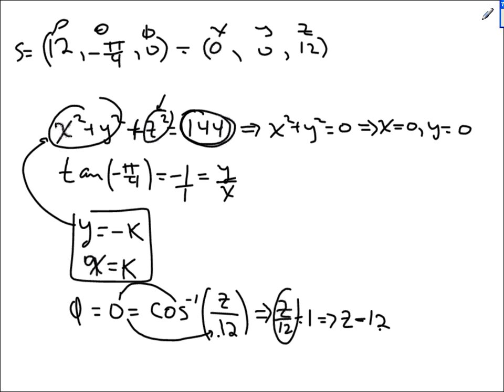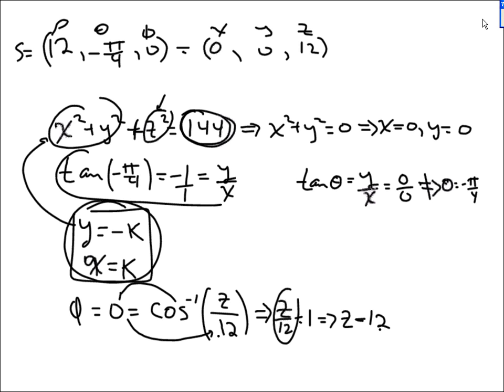Now, if you wanted to check this problem, for example, you know that the tangent of the angle should be y over x, which is 0 over 0. This does not imply necessarily that the angle is negative pi over 4. If you think about it, we never used the fact that the angle was negative pi over 4.